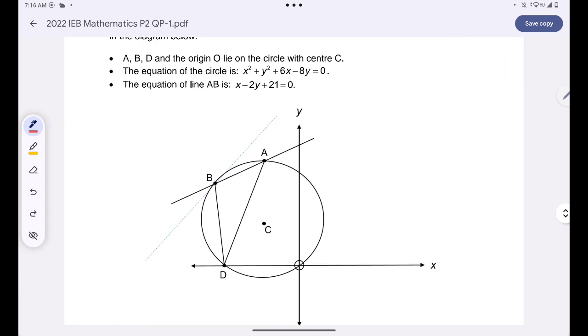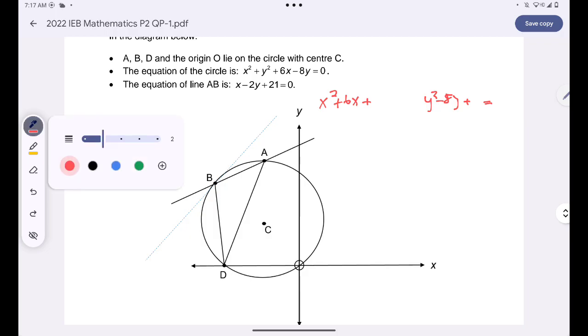Okay, let's just do that. I'll have x squared plus 6x plus, and then I'll have y squared minus 8y plus, is equal to 0, ne? Whenever I complete the square, you must complete the square for both x and y.